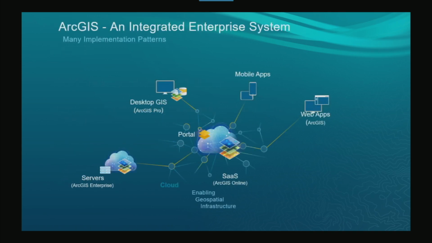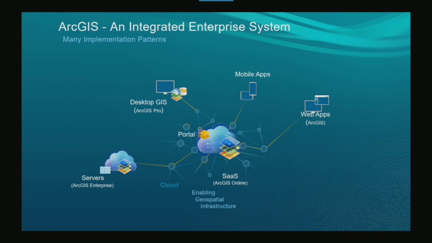So this slide has been repeated multiple times as part of this conference and before, so you understand this. ArcGIS is an integrated enterprise system. Fundamentally, we've got multiple components: servers, portals, desktop, mobile apps, and web apps. As an integrated system, they all come together and work really well to satisfy your workflows, right?